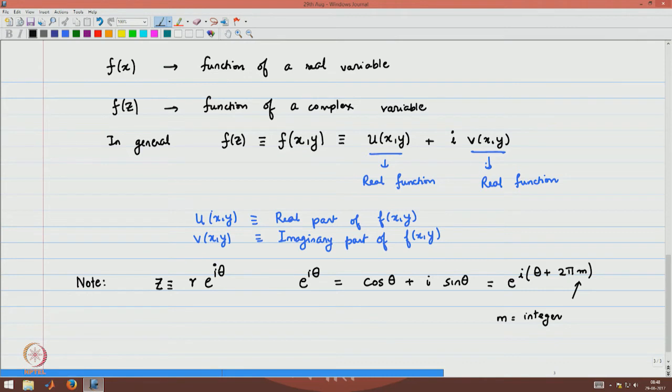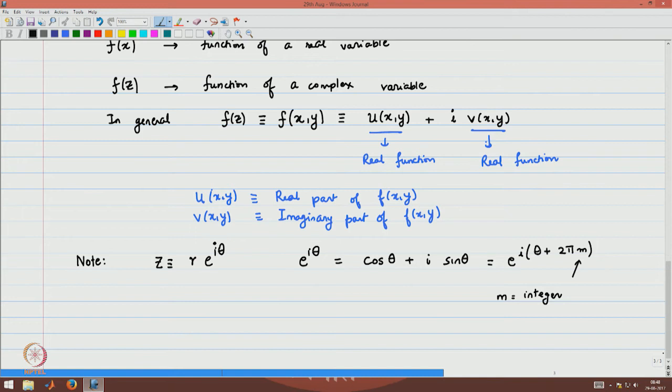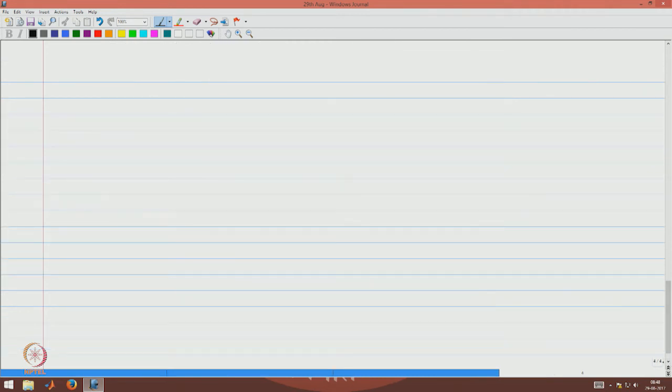So, this is a property of e to the I theta, and what we will see is that this introduces some very interesting properties when we are dealing with complex functions. We will see how this affects the description of complex functions.